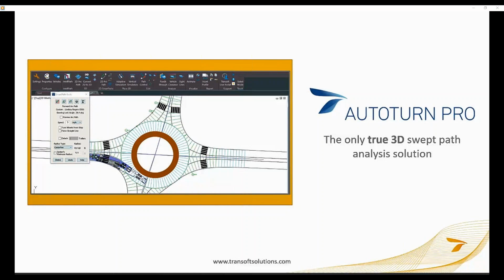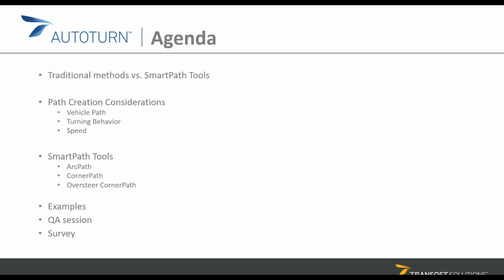Let's begin then with our presentation, and let's take a look at our agenda for today. Today I'll essentially be showing you the benefits of using the SmartPath tools, and to contrast or better illustrate these benefits, we'll be talking a little bit about the traditional swept path checking methods.